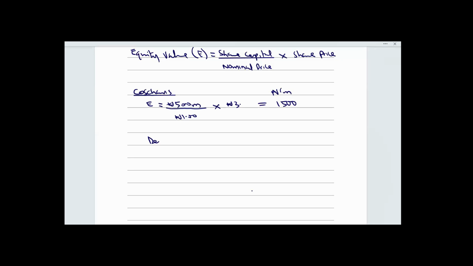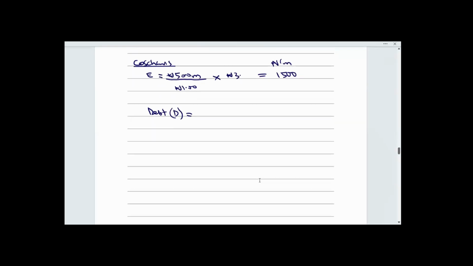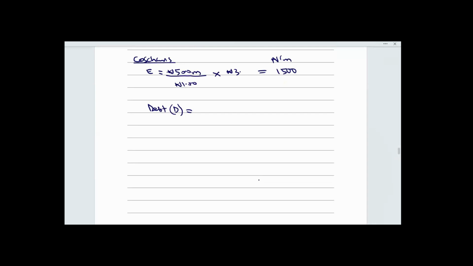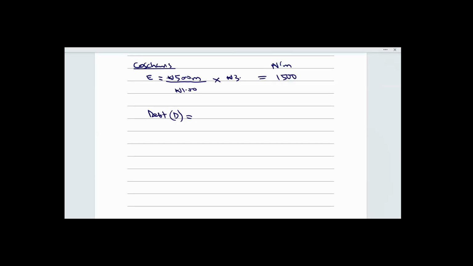Then the debt value of Costaris. According to the question, Costaris has bank loan. Since it's a bank loan, you cannot get market value of bank loan because bank loan is not tradable. It's not a traded debt. Is it 624? Let me confirm. It's Ferrari that has the bank loan.